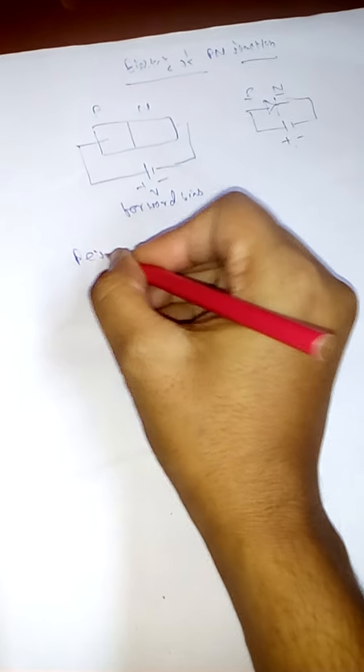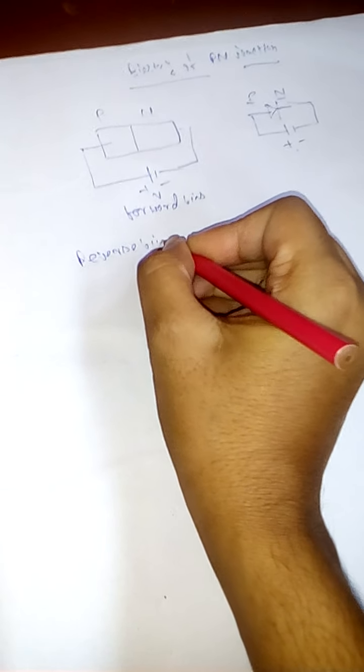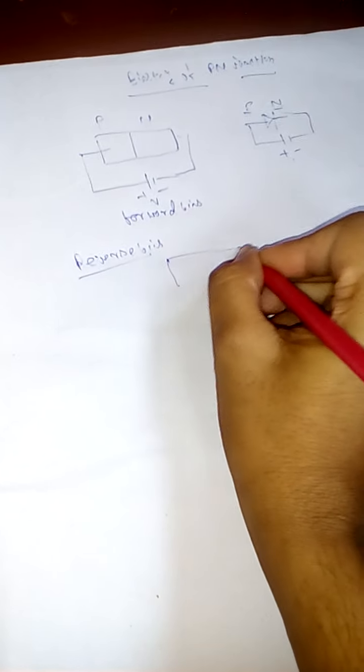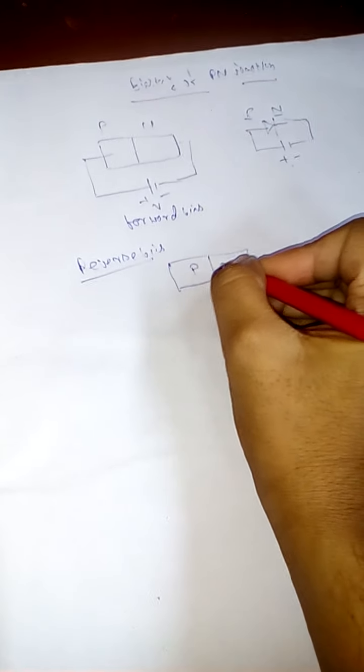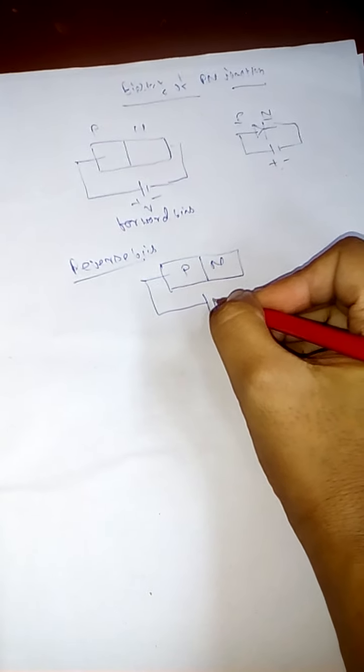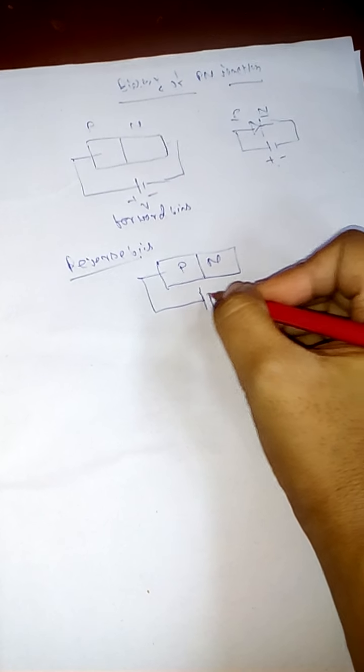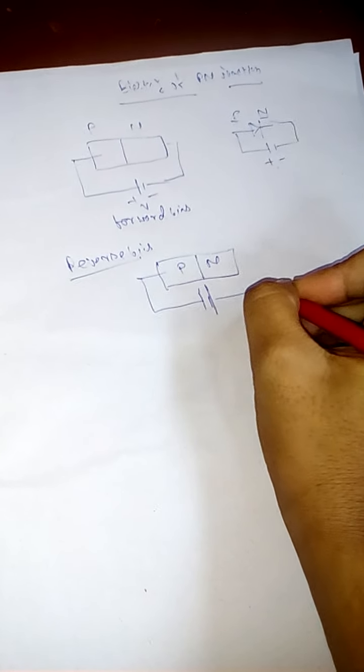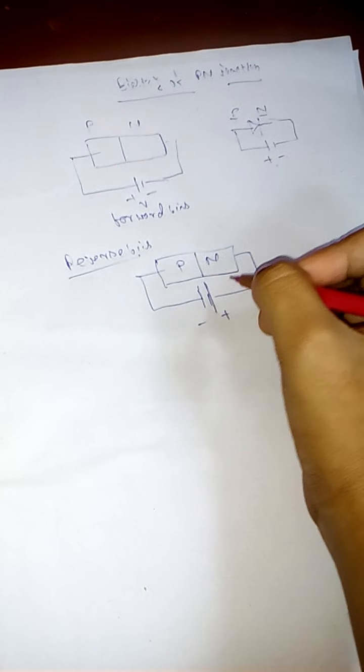Then reverse bias means the opposite of that. Here this is P, this is N. Here the negative terminal is connected, and here the positive terminal is connected.